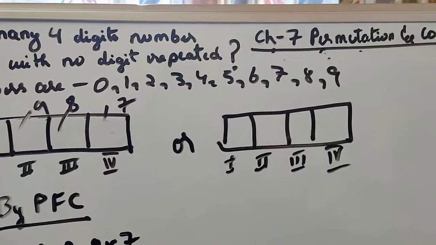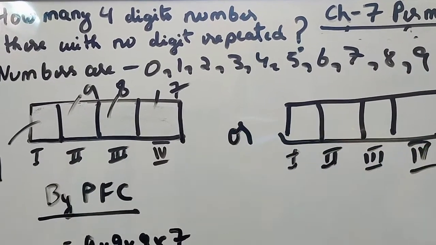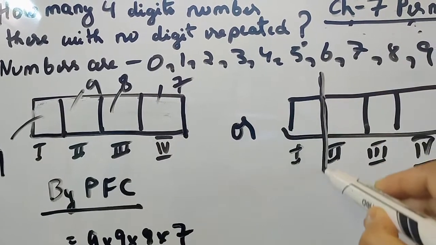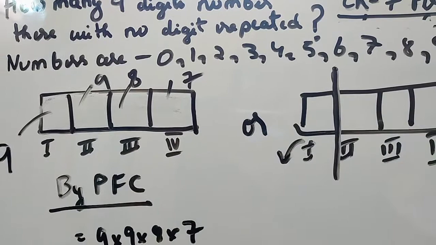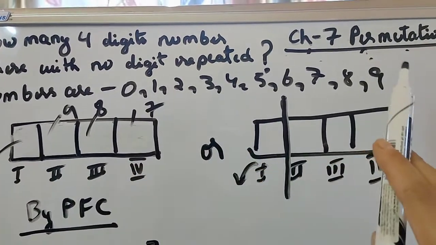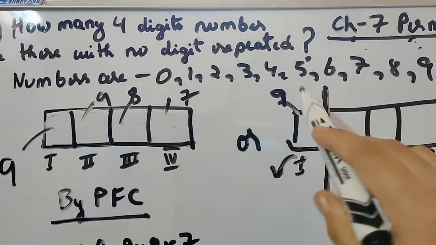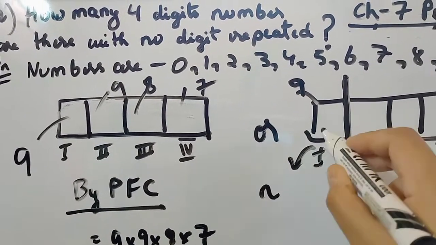Here the condition is that I cannot use 0 here. So whichever condition is given, you break the box, and for this I cannot use 0, I will have 9 numbers. From 1 to 9 I will have 9 numbers. That means this is my total objects.